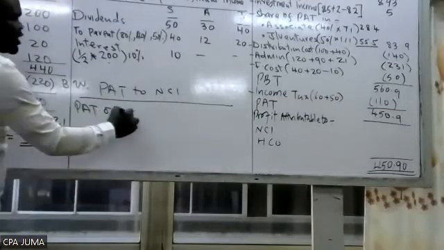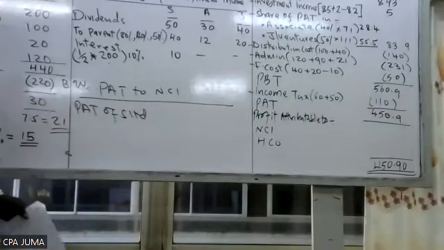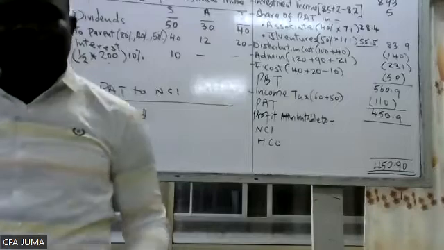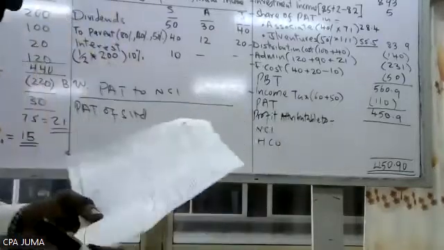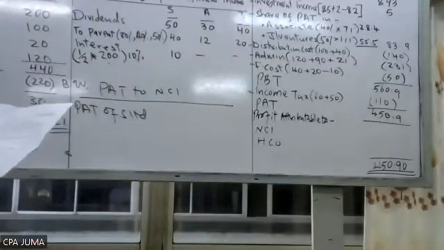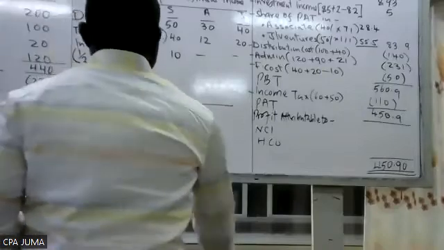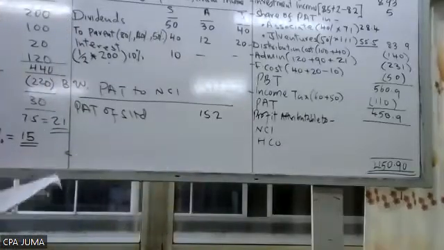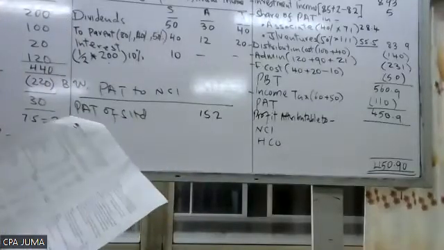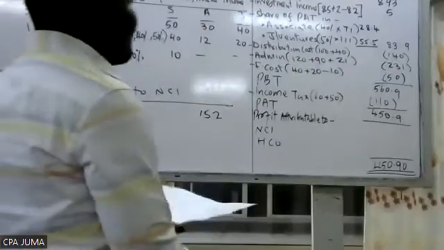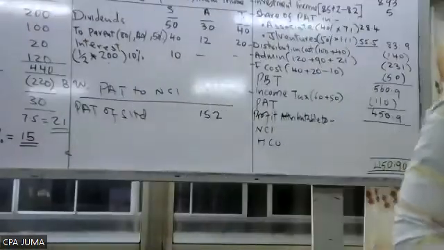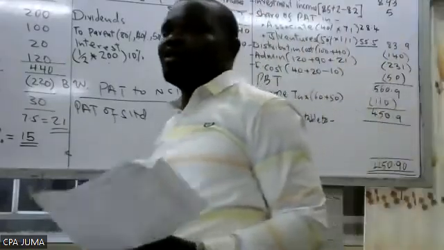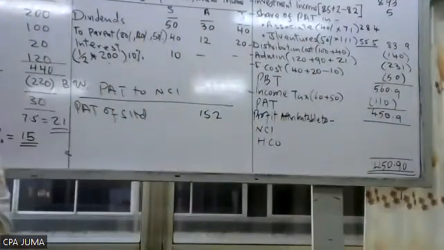So PAT of S Limited. Check their profit account. So when you check the profit account, you realize profit of subsidiary is 150 what? Are you seeing the 152? The income statement, the profit immediately after tax for the subsidiary, 152.